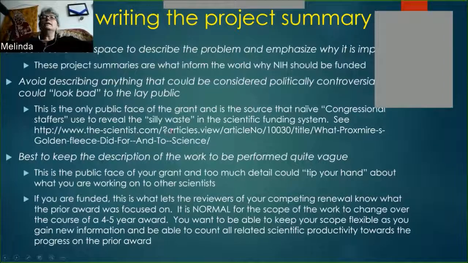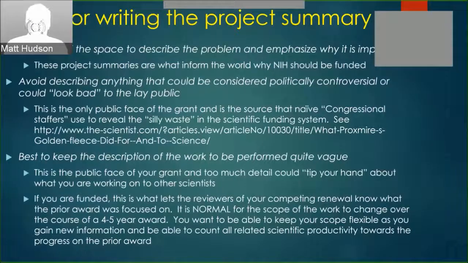A very famous case where this was used is something called the Proxmire Golden Fleece Awards. William Proxmire was a senator who, back in the 1980s, had congressional staffers read project summaries for funded NIH grants, and basically came to the conclusion that these projects are silly.